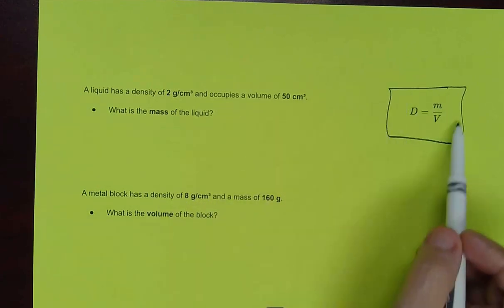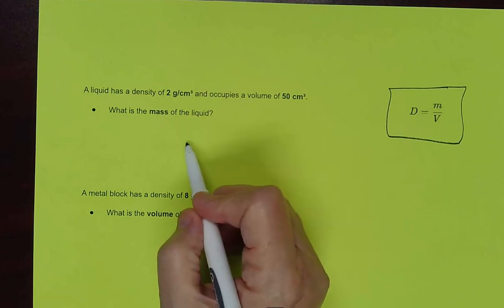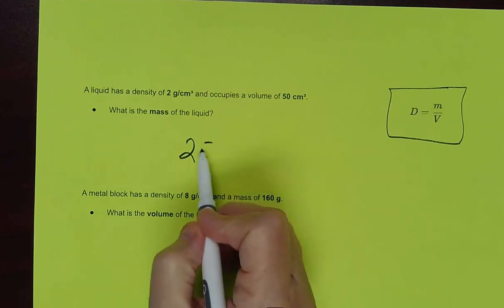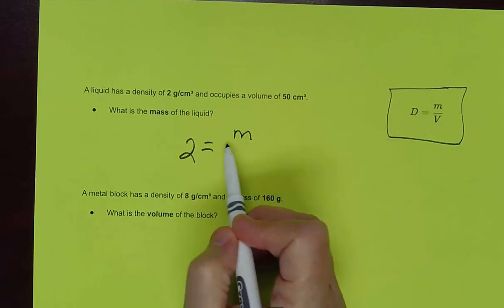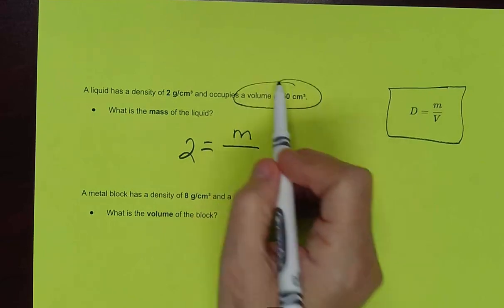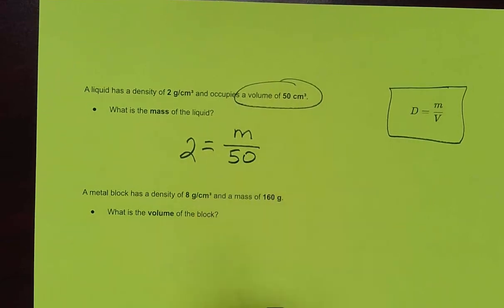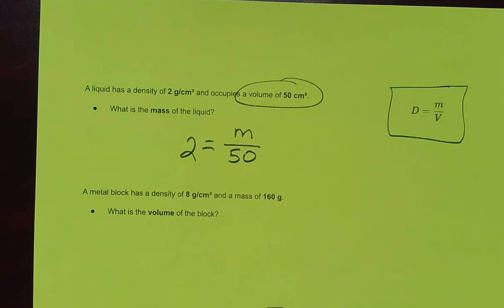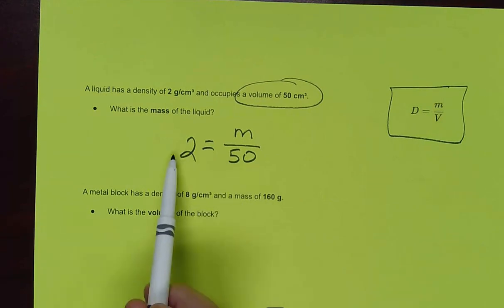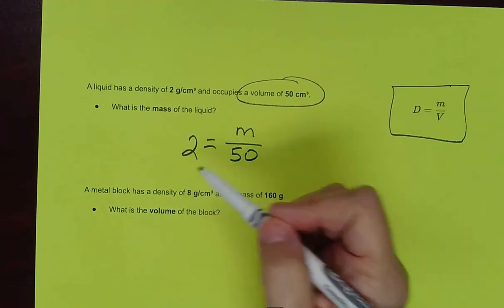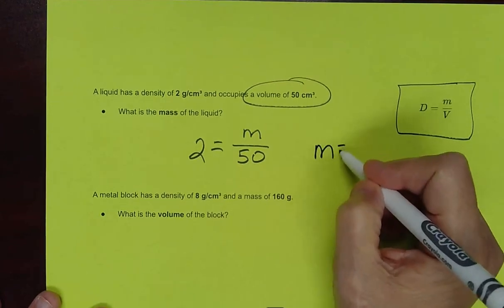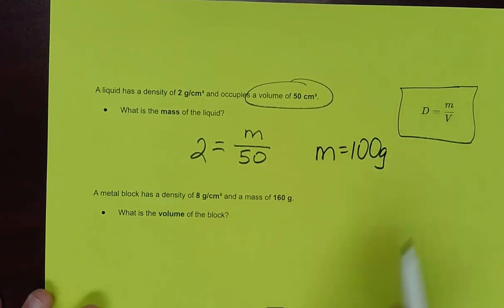So using this formula, it tells me the density is 2. That has to equal something, mass, divided by 50, my volume. Now, to solve this algebraically, we would need to multiply 2 times 50. In this case, it's math most of you can probably do in your head. What number divided by 50 gives me 2? Well, the mass would be 100 grams.